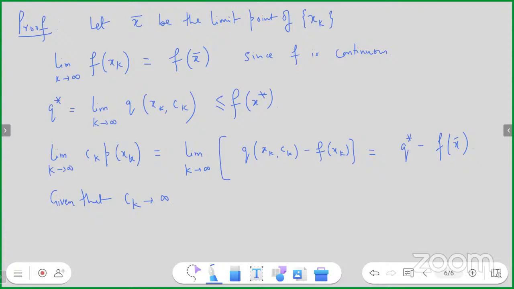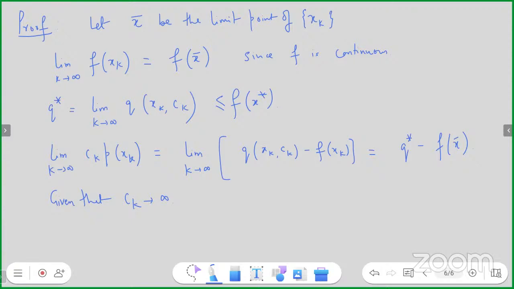Is everybody convinced? The q star and x star is constant. q star is what? Upper bounded by f of x star. What is f of x bar? The limit of a continuous function. So why does the information that c_k going to infinity tell me something about the sequence p of x_k? I want to conclude something about the limit of p of x_k.